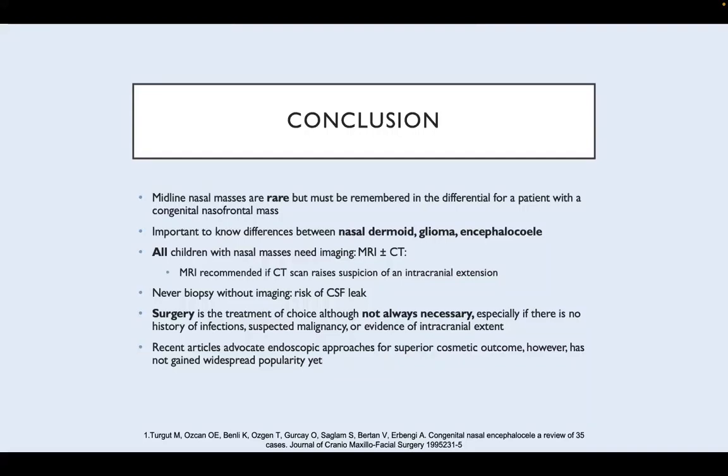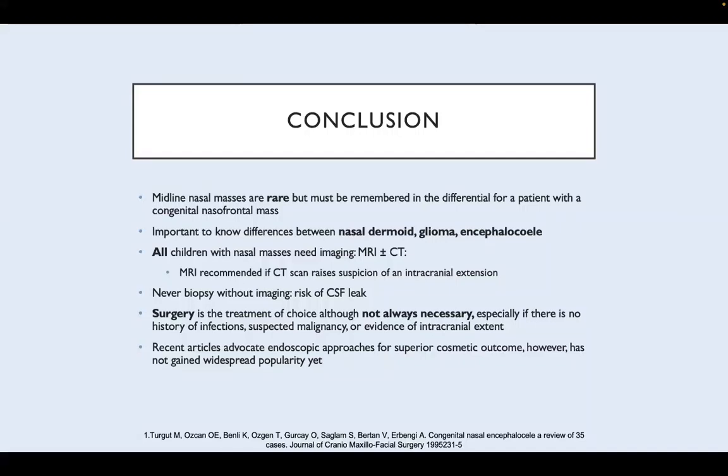You should never try to biopsy these masses without imaging, because you put the patients at risk of a CSF leak if there's an intracranial connection. Surgery is still the mainstay of treatment and the treatment of choice, but it's not always necessary, especially if there's no history of infections, no suspected malignancy or evidence of intracranial extent, and if cosmetically the patient and family are happy.